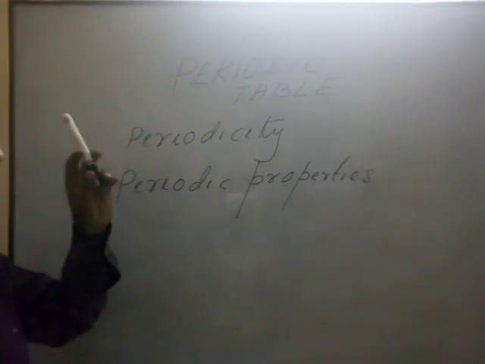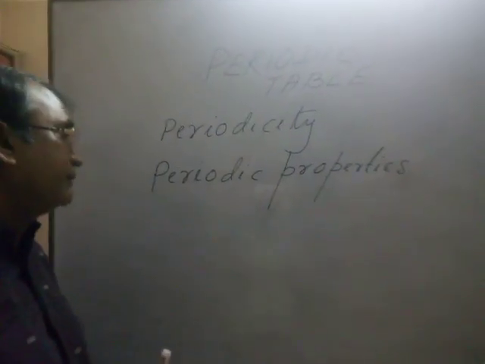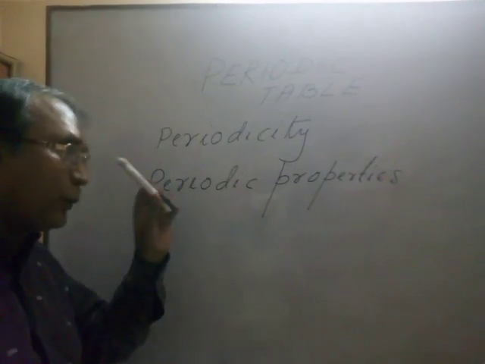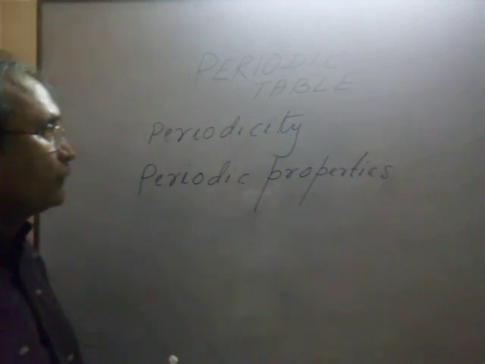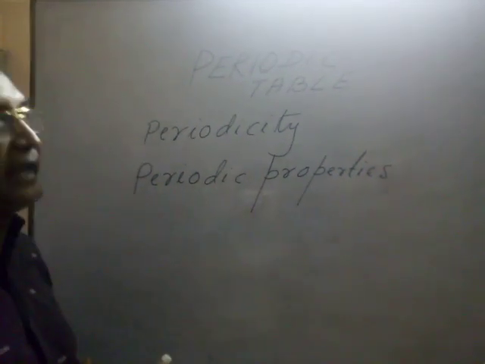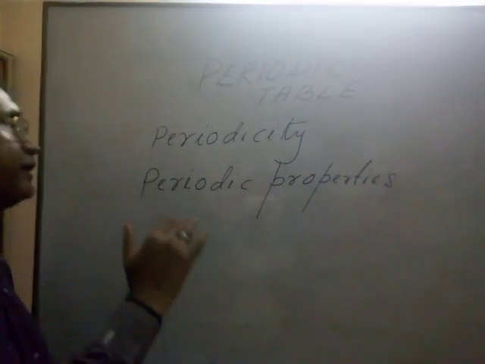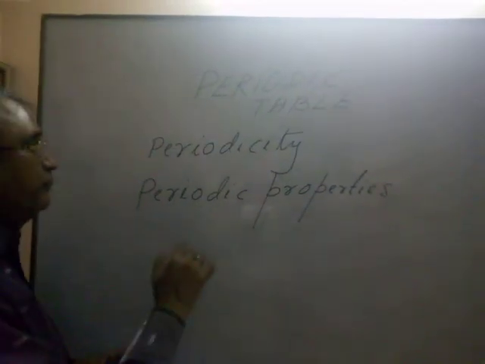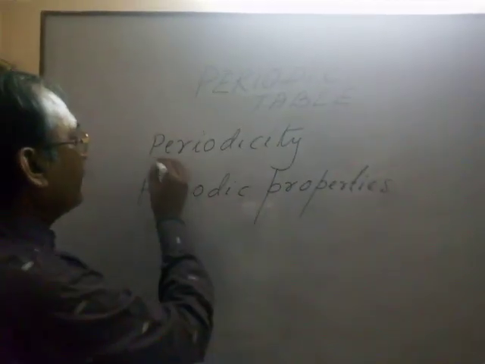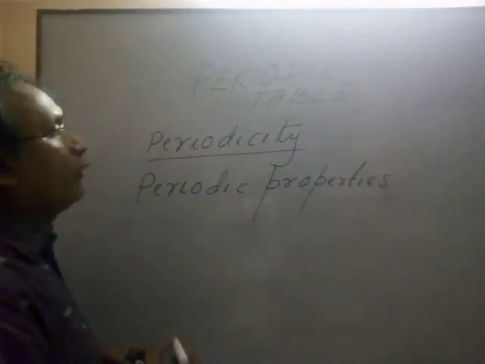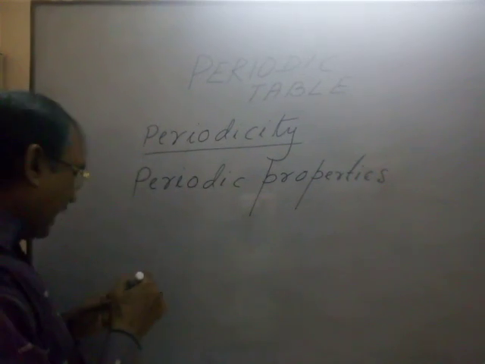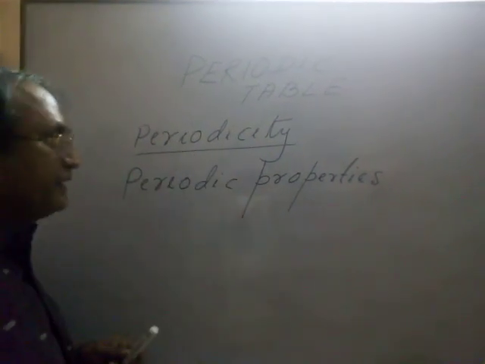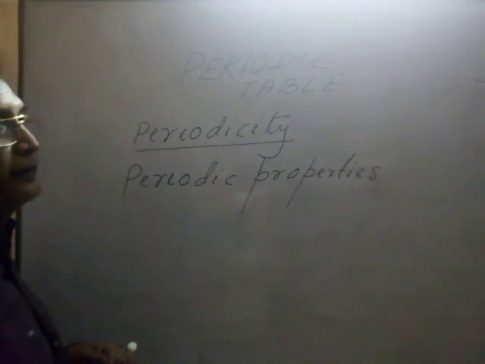Periodicity is that property of an element by which we can get the repetition of properties after certain interval.